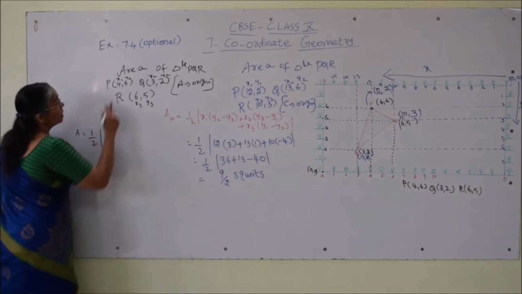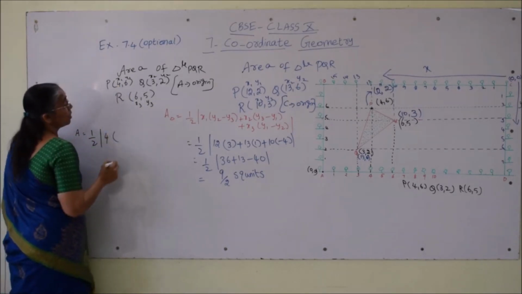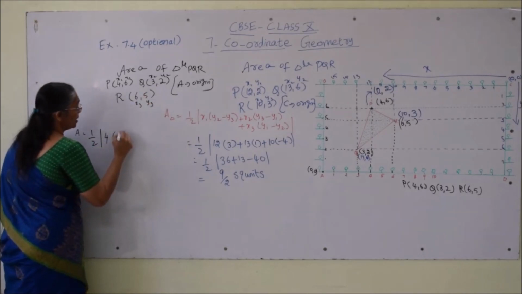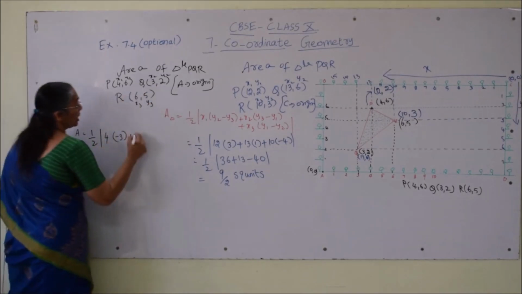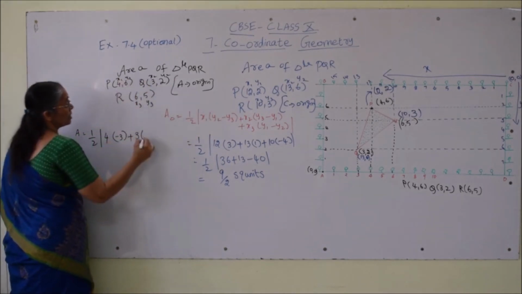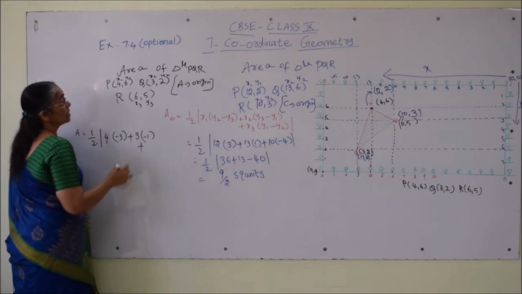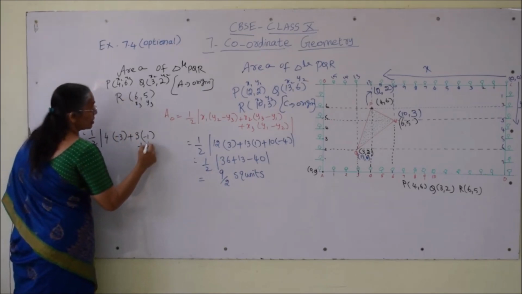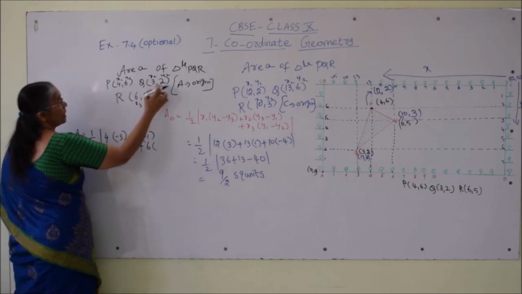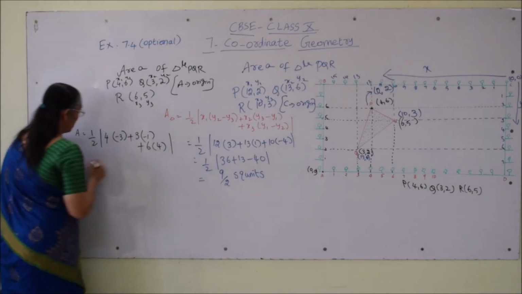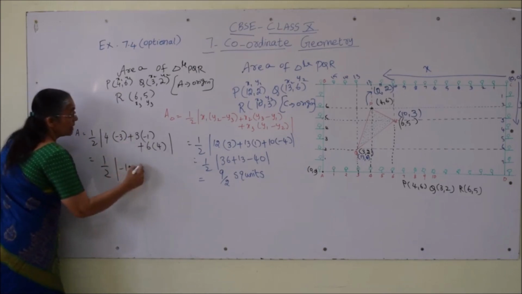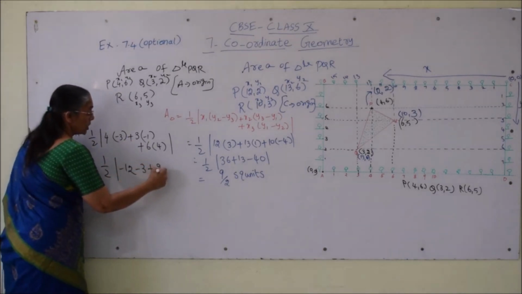So half mod x1, 4, times y2 minus y3, 2 minus 5, minus 3, plus x2, 3, times y3 minus y1, 5 minus 6, minus 1, plus x3, our x3 is 6, times y1 minus y2, 6 minus 2, 4. So half mod minus 12 minus 3 plus 24.